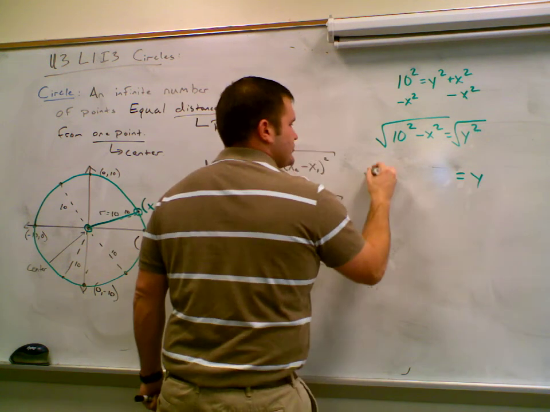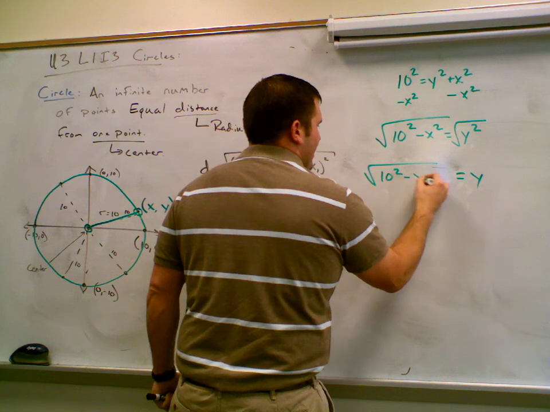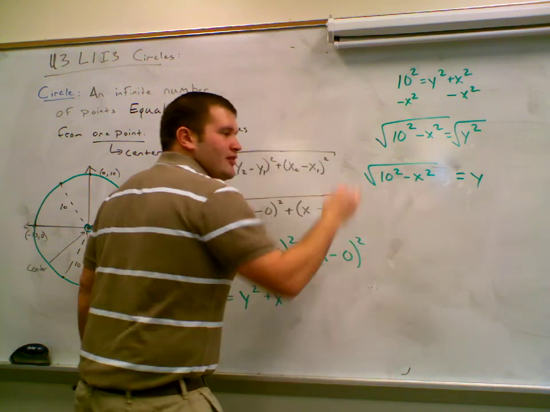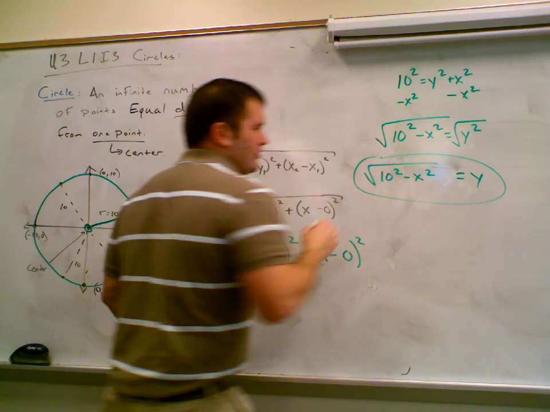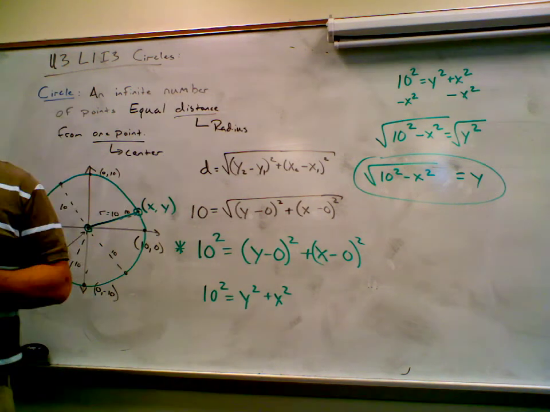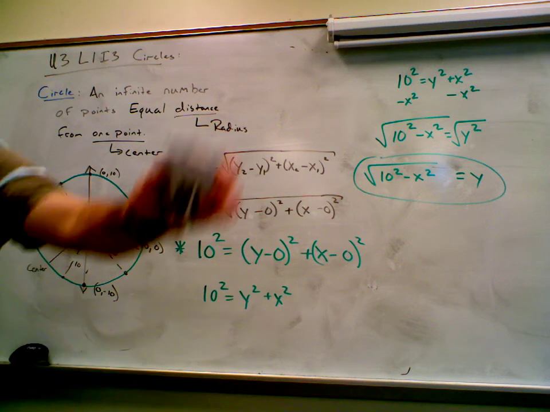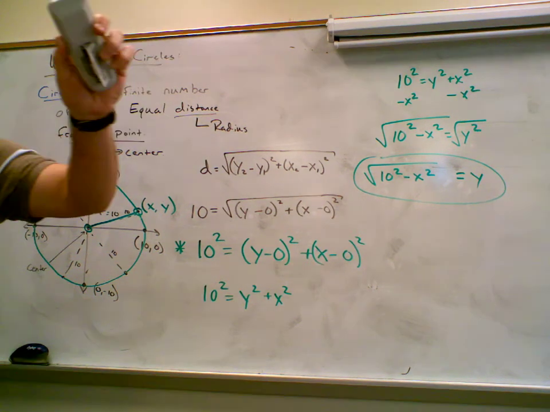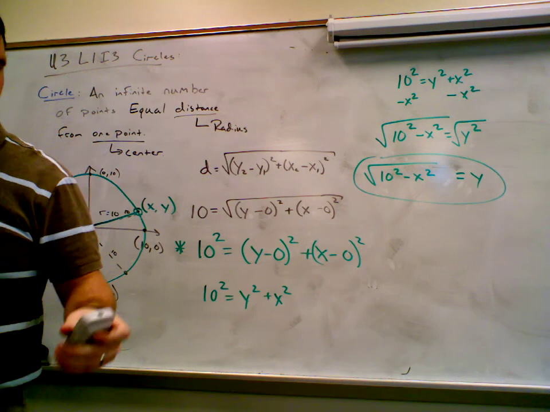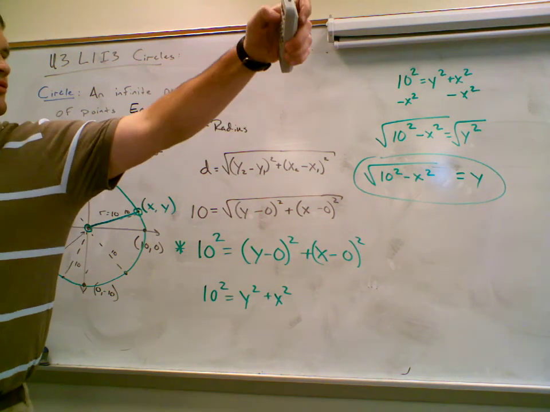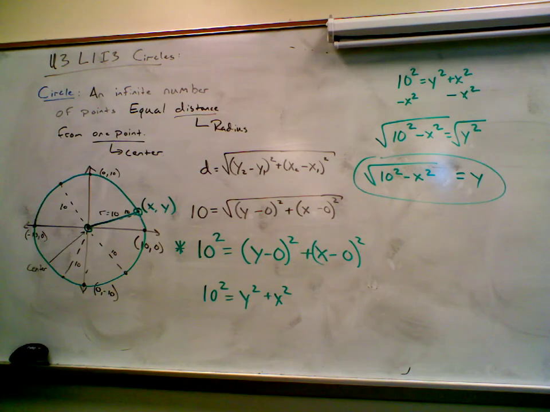I can't just square root that. But now, ladies and gentlemen, we have an equation that we can put where? In the calculator. So grab a calculator. Mine's still working. There we go.